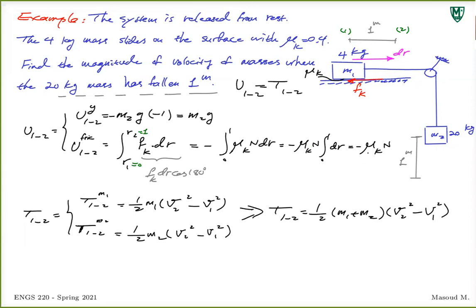I just take into account all the masses in the system. This part is just because they're connected, they move with the same velocity, they're attached to each other. So I'll just add these two equations together, and you'll get T from 1 to 2. Now, again, it says it's released from rest. So v1 is 0 there.